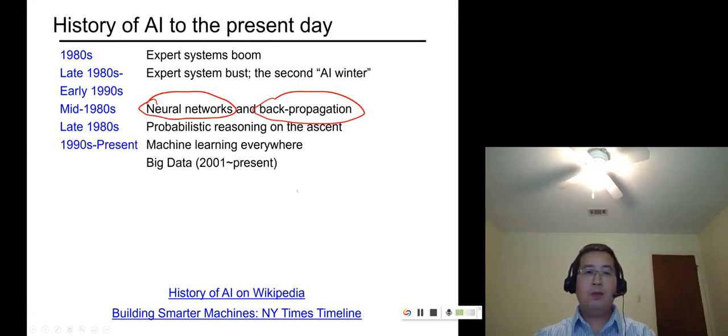And the next period is the great period. Starting from the 1990s, people developed a lot of machine learning algorithms. Even when I was an undergrad student, we were still using neural networks, and we had a lot of other algorithms.